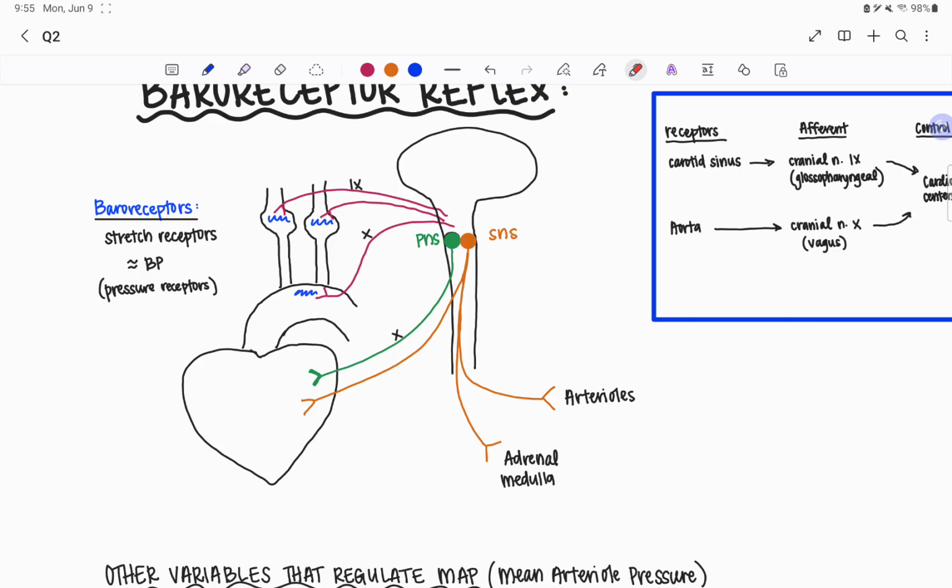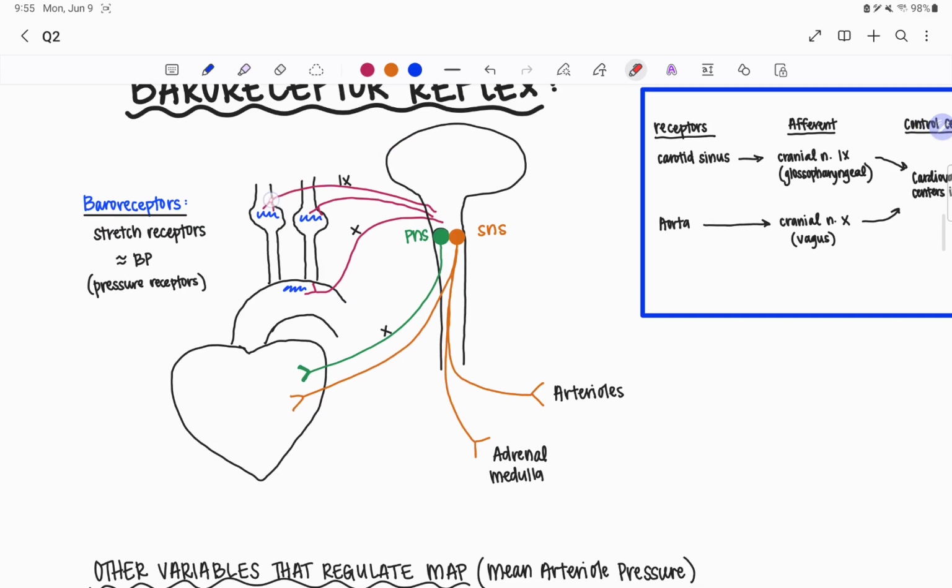So what's happening here is we have these afferent nerves going from your carotid sinuses and from your aorta here. From your carotid sinuses, we have your glossopharyngeal nerve, or cranial nerve 9, and then your vagus nerve, or cranial nerve 10, coming from the aorta.